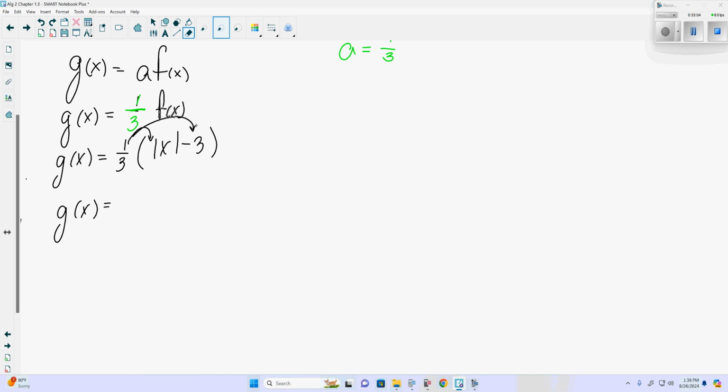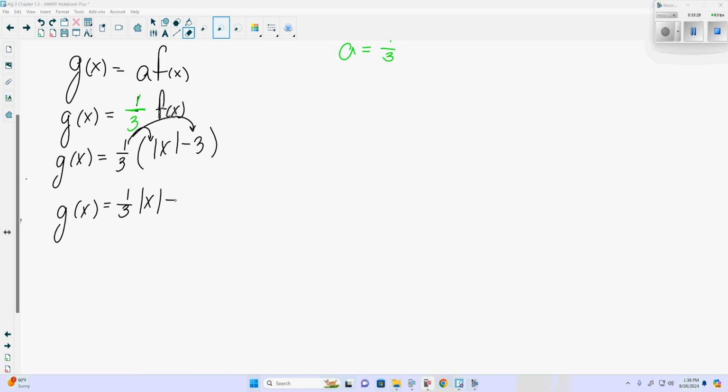Well, our 1/3 times the absolute value of x, it's not going to multiply inside, so it'd be 1/3 times our absolute value of x. Now, since our 1/3 is positive and we're multiplying it by -3, it would still be negative. But now we need to do 1/3 times 3.